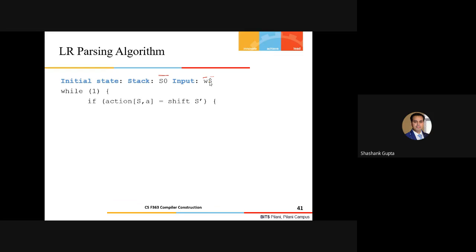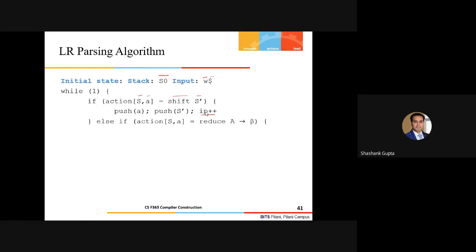It says if the action corresponding to this state S and lookahead pointer is shift to state S prime, then what should I do? I should push the current lookahead symbol, push that state S prime, and increment the lookahead pointer. These are exactly three operations I have to do, which we did in that example as well.